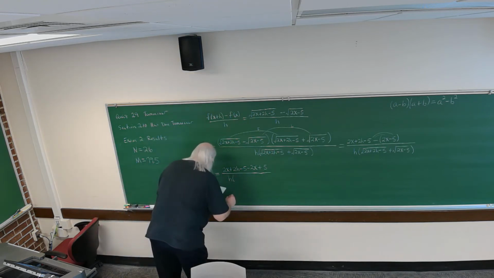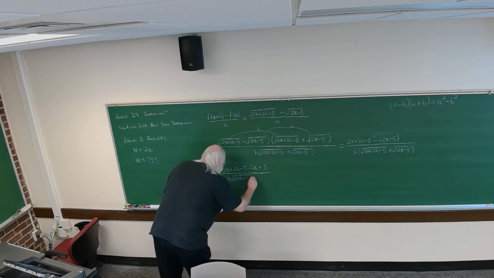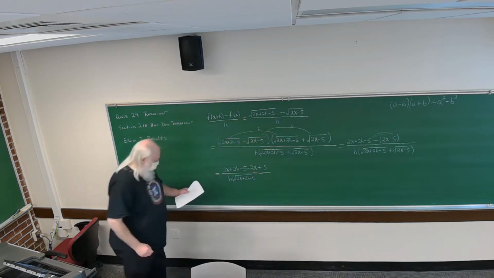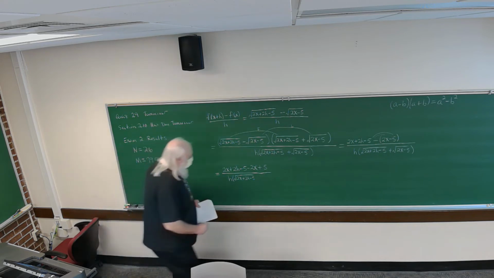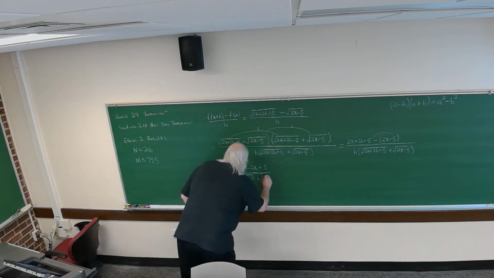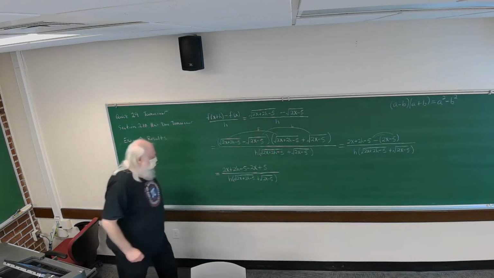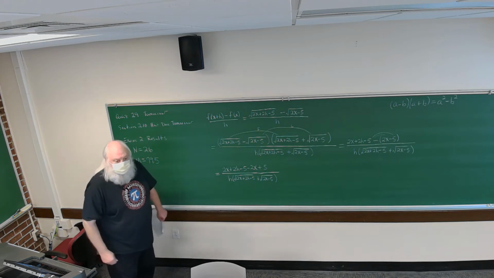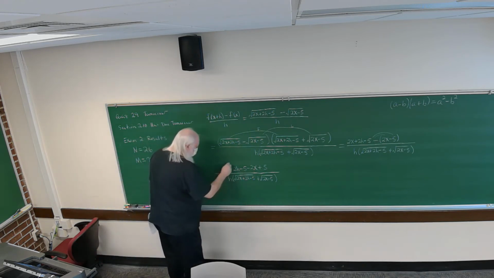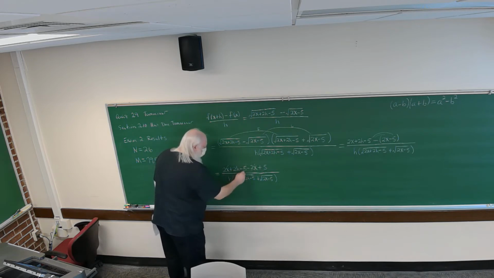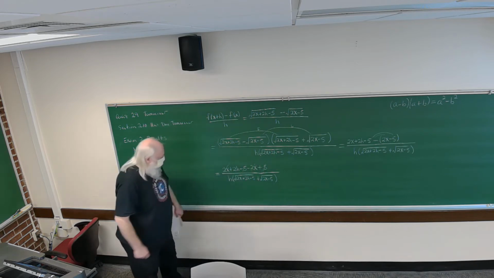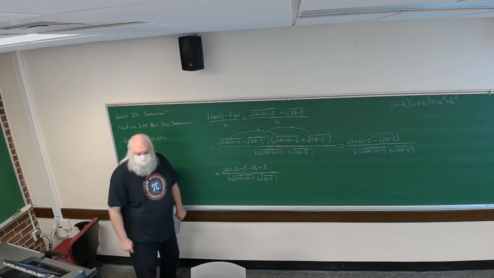H times the square root 2x plus 2h minus 5 plus the square root of 2x minus 5. Well, in the numerator, 2x minus 2x is 0, and minus 5 plus 5 is 0, and we're just left with 2h in the numerator. Okay?